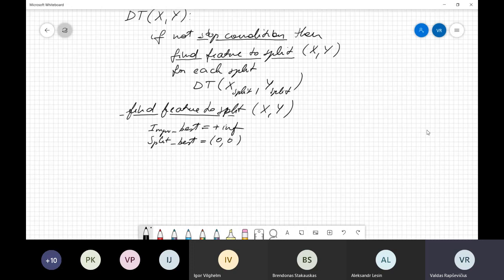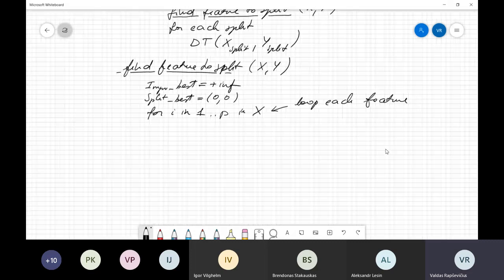Okay, so now we go through each feature, for i in 1 until P, in X, all right? So basically we are looping each feature, right?